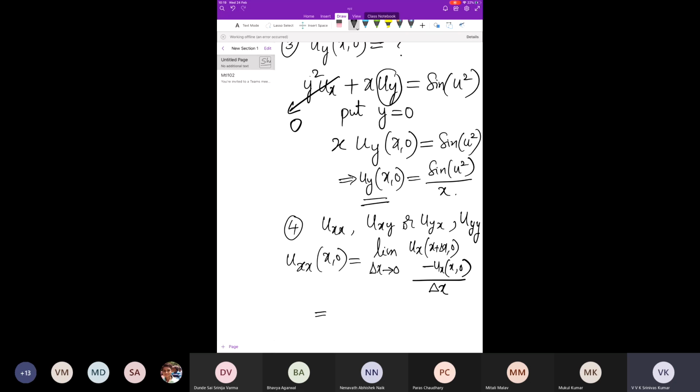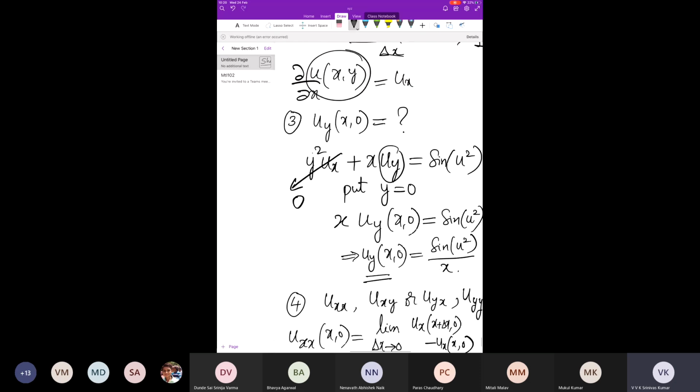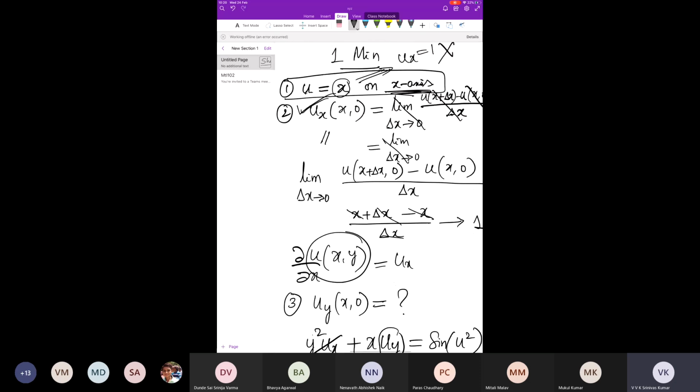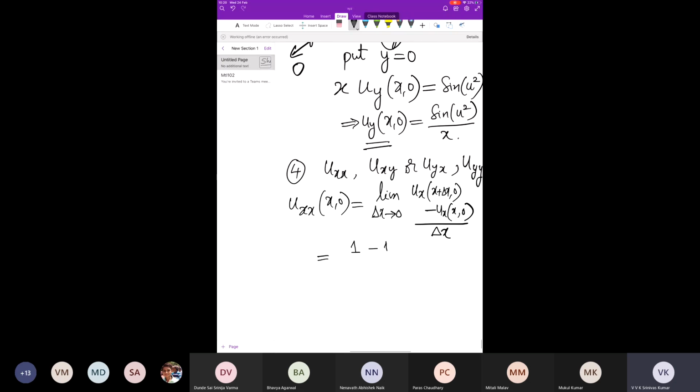We have found that ux at x comma 0 is 1. So 1 minus 1 upon delta x is 0. So uxx at x comma 0 is equal to 0.